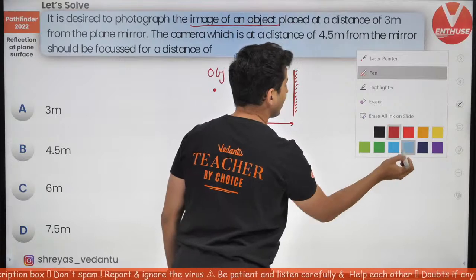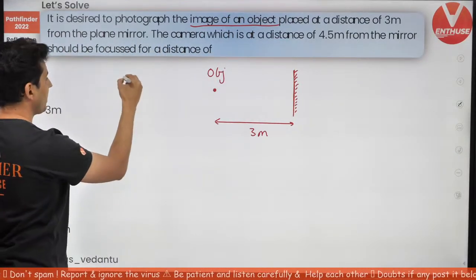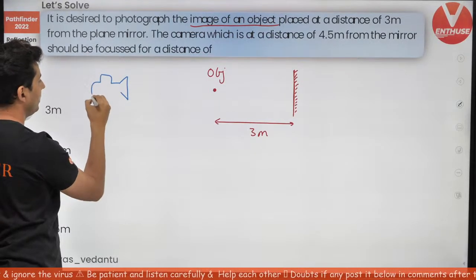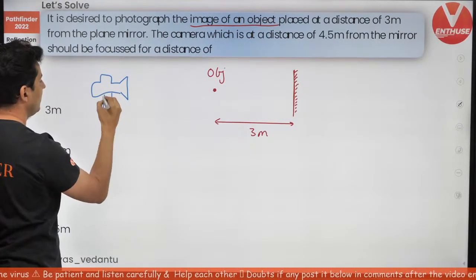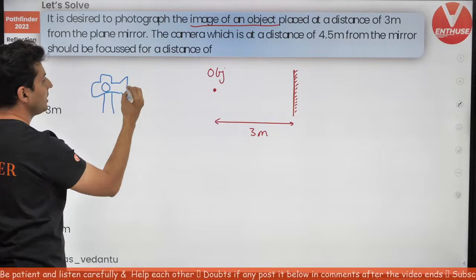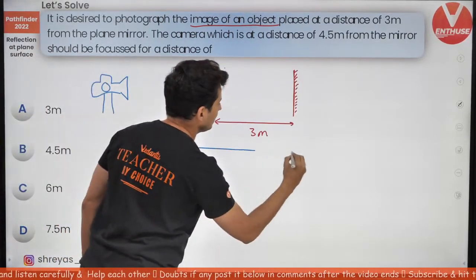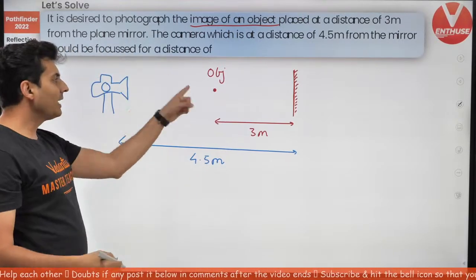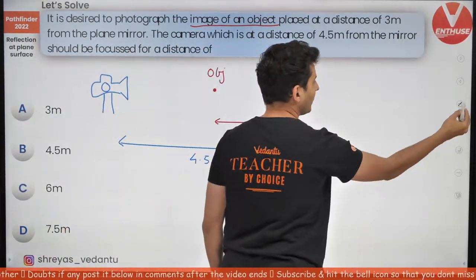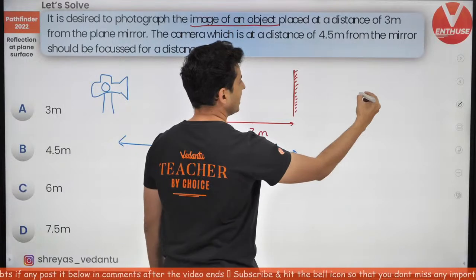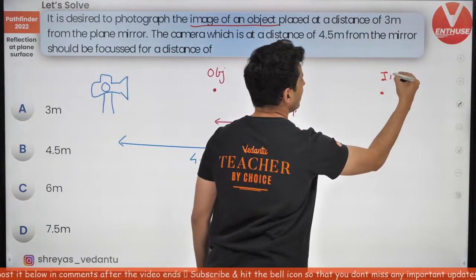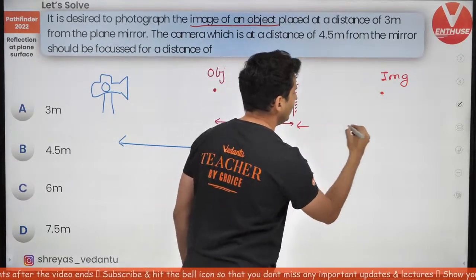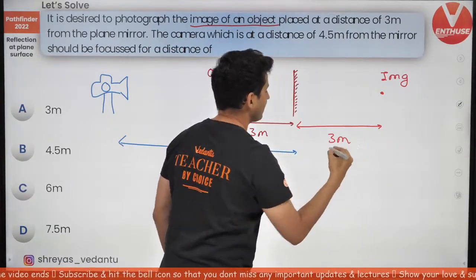So here is our camera. Now think, if this is the object, where will the image be formed? Obviously, my warriors, the image will be formed here. This will be the image of the object, and obviously that distance will also be 3 meters.